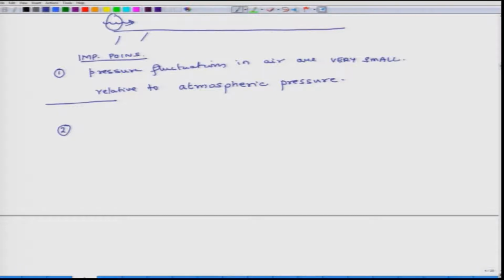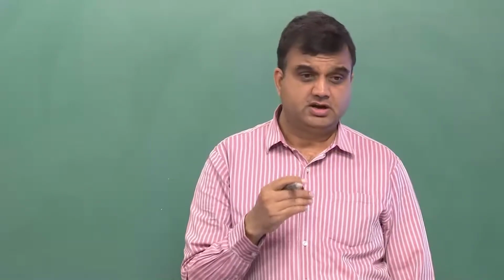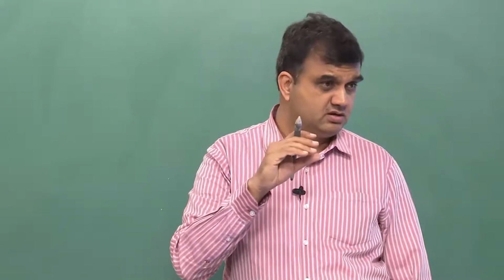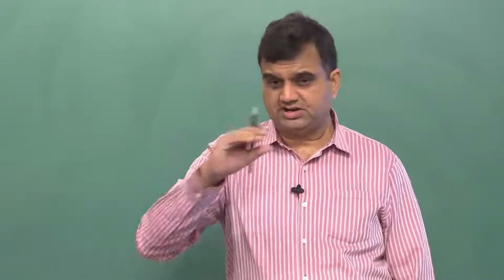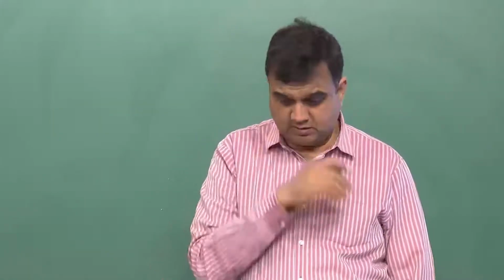The second thing we have to remember is when sound is propagating, we had seen in the first lecture itself, it propagates because particles vibrate and they transmit energy to adjacent particles, and in this way the energy gets transmitted from point A to point B, right.